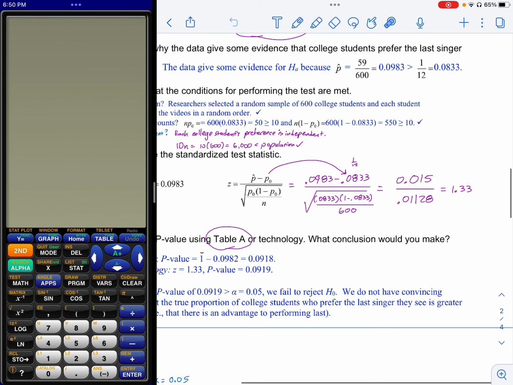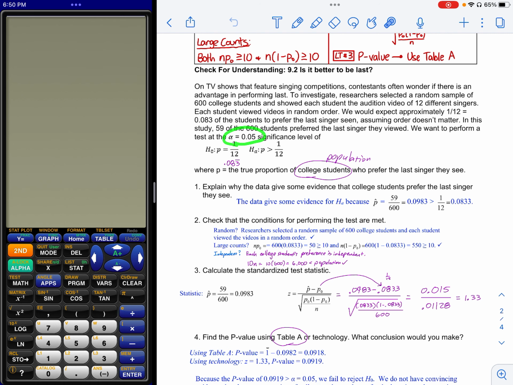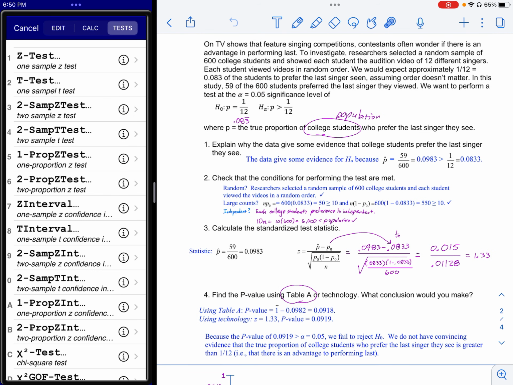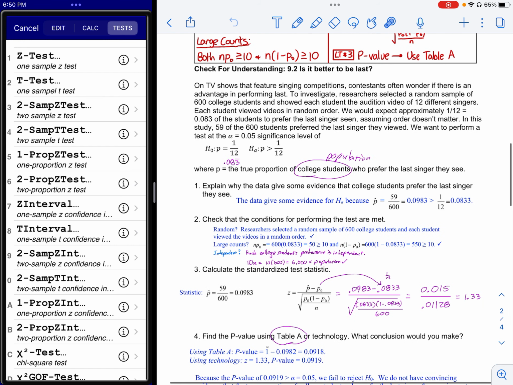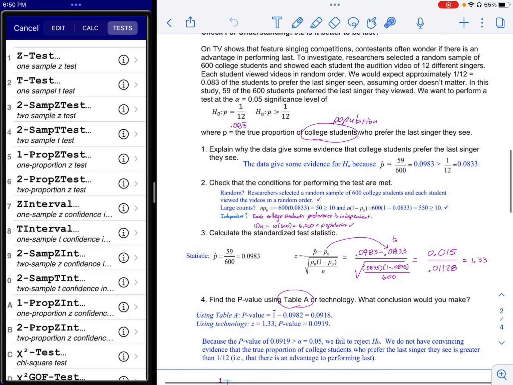That's all you need. And you enter your alpha. Okay, we're doing alpha of 0.05. So stat tests, we are doing a one proportion Z test because these are proportions, right? Percentages or proportions. So that is number 5. If you see it on there, one proportion Z test.